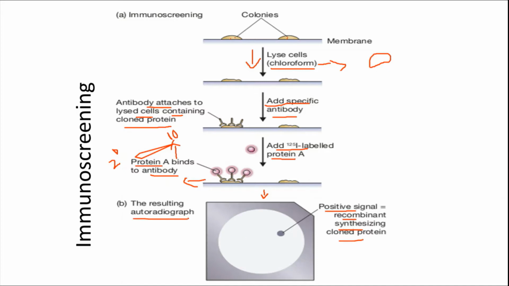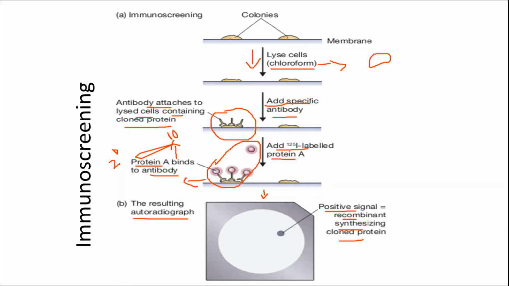It is a very simple method. But how we make the primary antibody and how we make the secondary antibody is very important. Just lyse the cell, add the antibody, wash out, add the secondary antibody, wash out again, and subject to autoradiography.